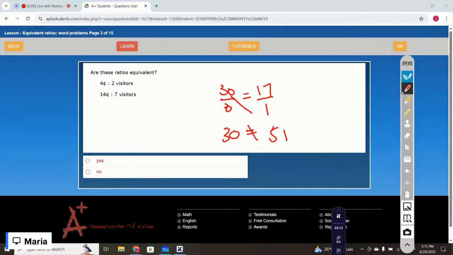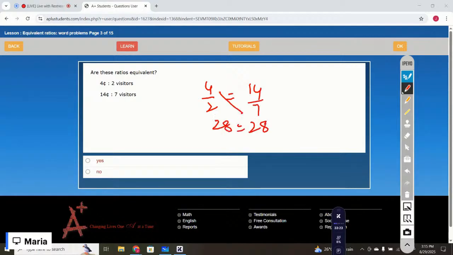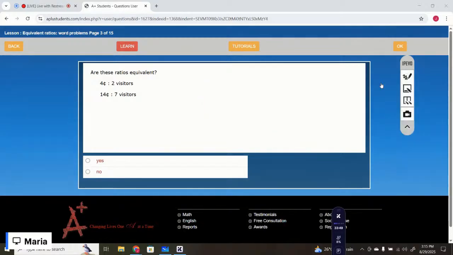4 to 2 visitors and 14 to 4. 14 times 2 is 28. The correct option is no, they are not equal.